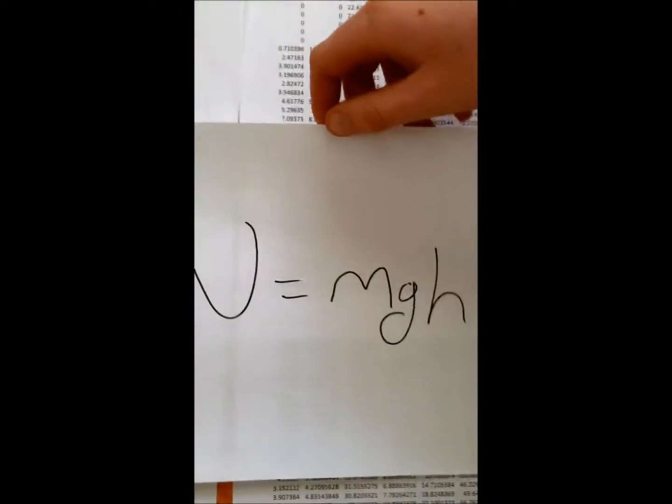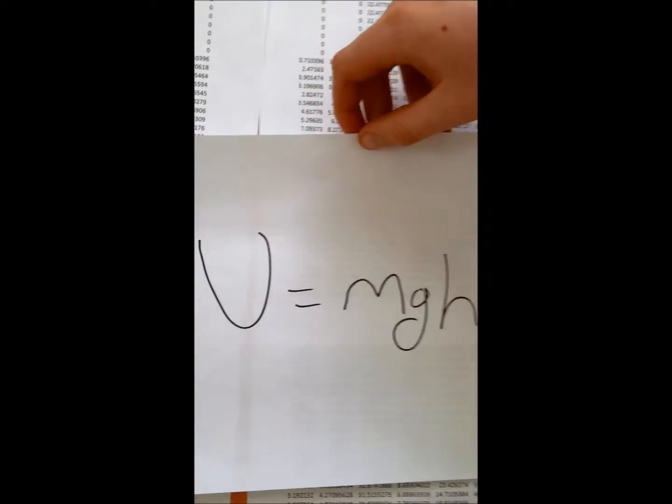For momentum, we found momentum in the y direction, the momentum in the x direction, and then using the Pythagorean theorem, we did the momentum vector. We also used the potential energy equation and found this entire set of data for the basketball.